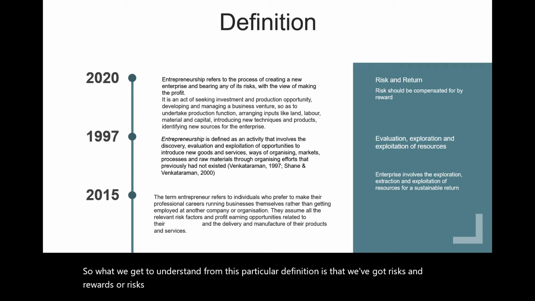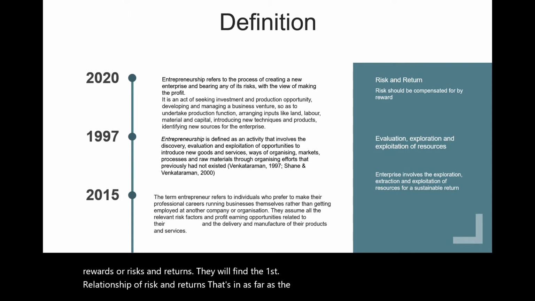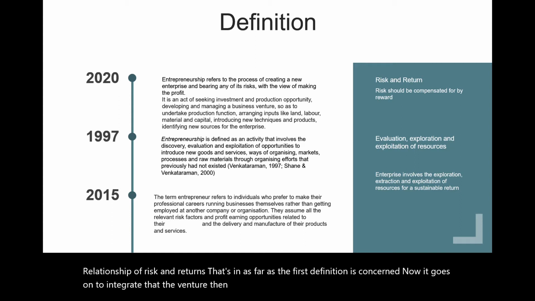That's the first relationship, risk and returns. It goes on to say that the venture synthesizes inputs like land and labor, we call these the factors of production, introducing new techniques and products, identifying new sources for the enterprise.